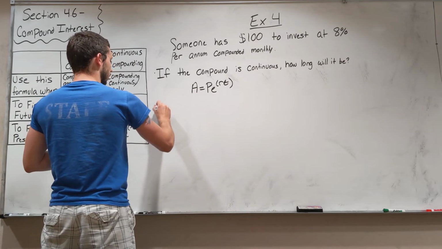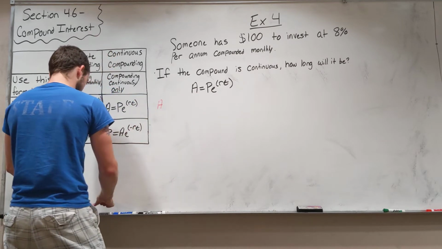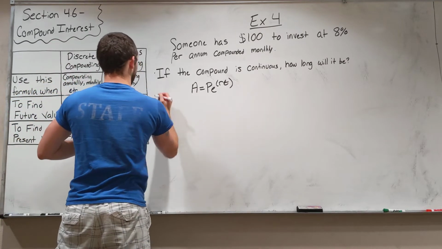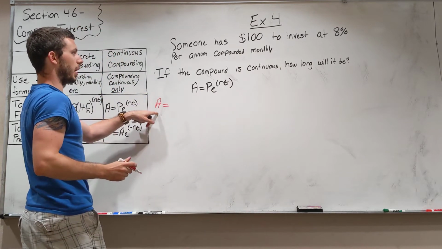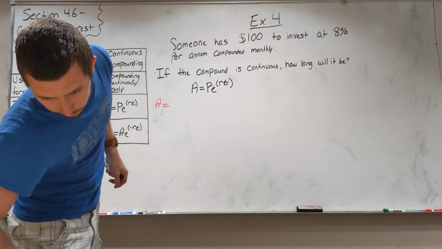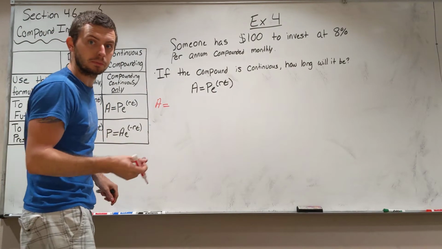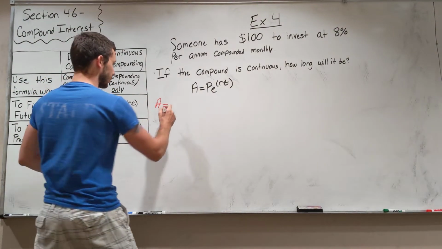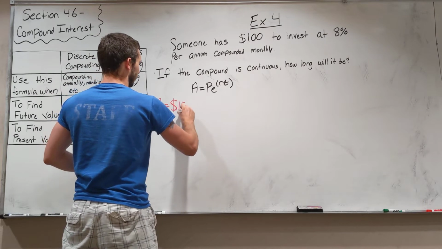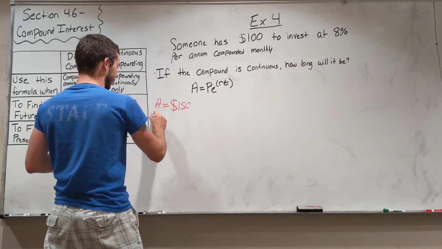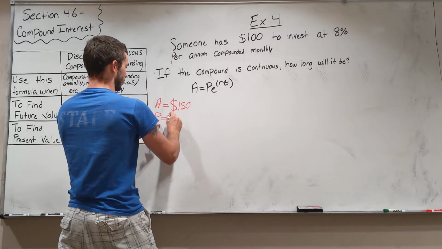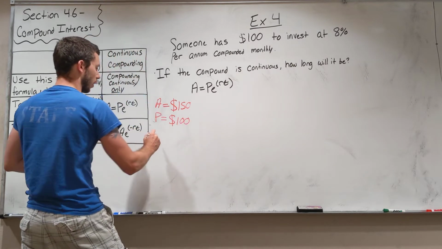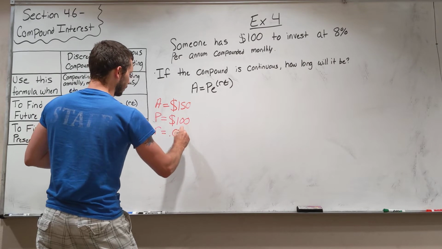So the final amount, it did give us as 150, so that doesn't change. So in fact, nothing really changes except for the compounding cycles in a year. So P is still 100. The r is still 0.08.